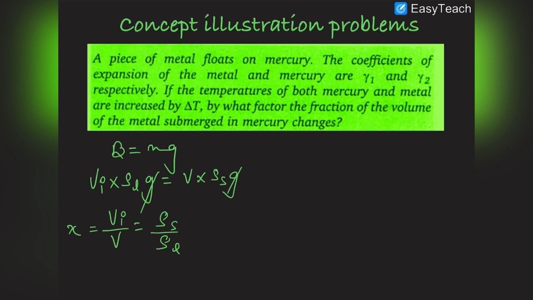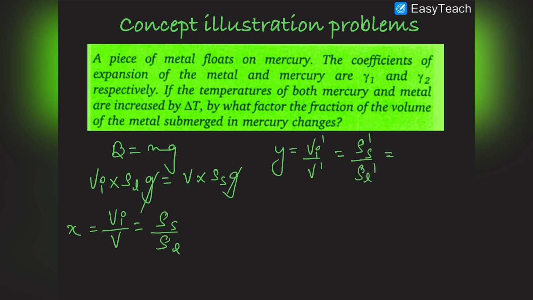Now at some higher temperature, this fraction will change, obviously. Let's suppose the new fraction is y, where y is Vi dash upon V dash, because rho s and rho l will change; let's suppose they are rho s dash and rho l dash.